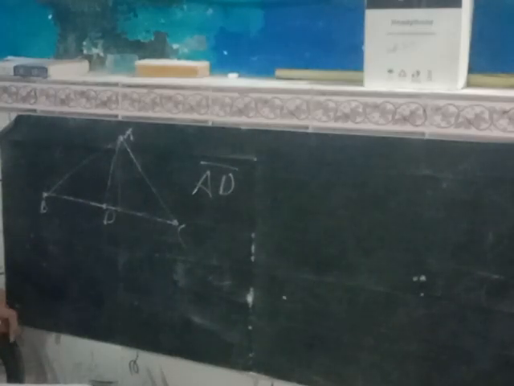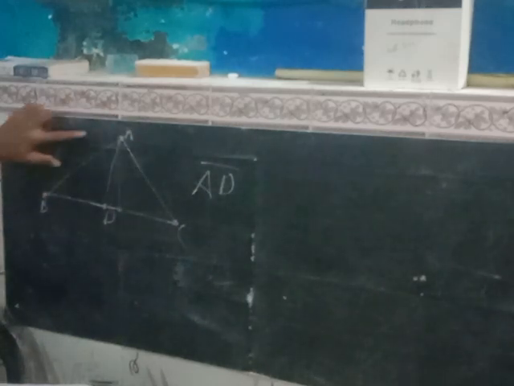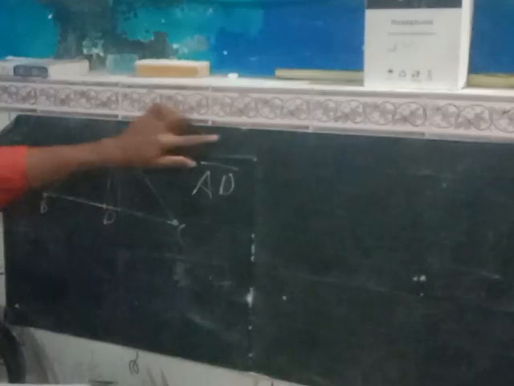Then a short line. Here there is a note: a median connects a vertex of a triangle to the midpoint of the opposite side, and there they draw this figure.